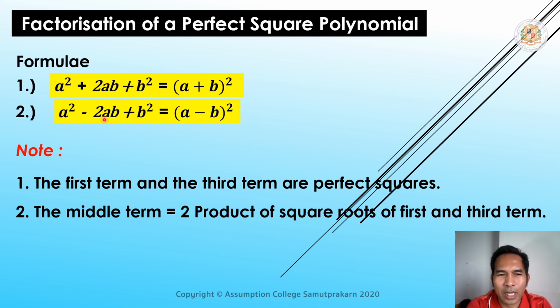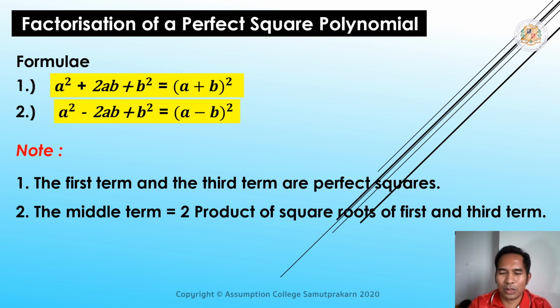So again, the first formula is a squared plus 2ab plus b squared equals the quantity of a plus b squared. Next, the second formula is a squared minus 2ab plus b squared equals the quantity of a minus b squared.